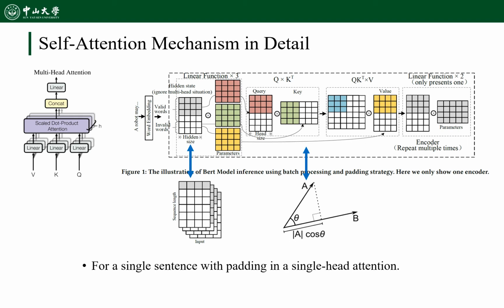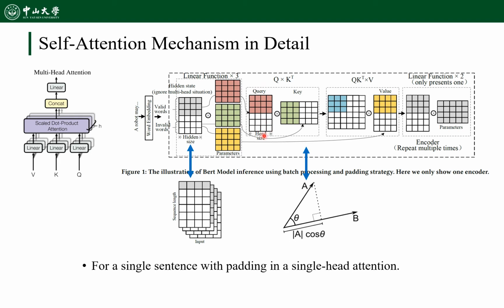The sentence matrix is multiplied with three parameter matrices and gets Q query, K key, and V value. Valid values are colored, and invalid values are blank. Then the query matrix will be dot multiplied with the K matrix and get a square matrix, and this process is called QK.